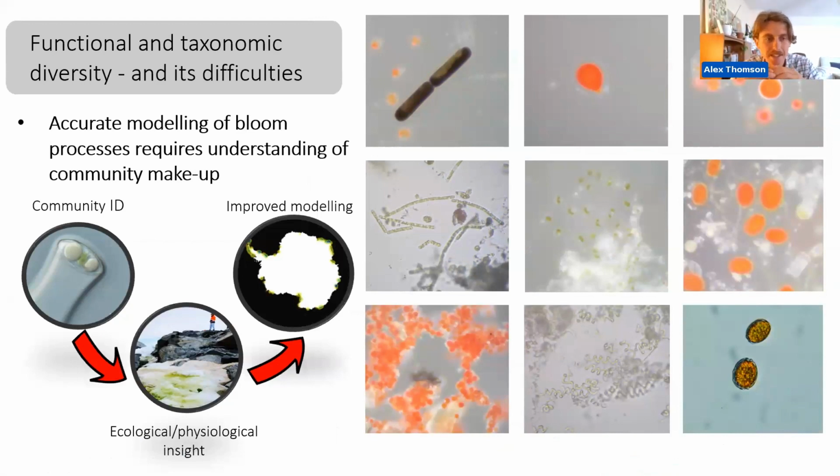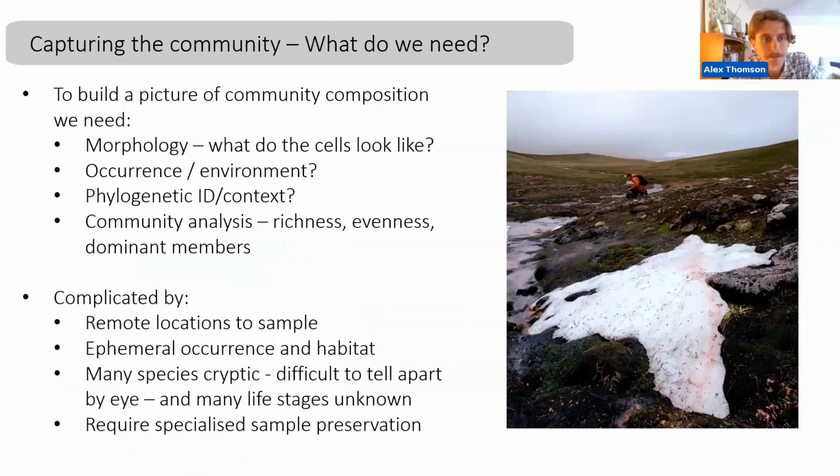By understanding the community makeup and the identity of the organisms included, you gain a lot more ecological and physiological insight into the biological factor that you're trying to model. Ideally that leads to improved modeling in the wider purpose of that model. And so that's the justification for trying to really understand these communities a little bit better.